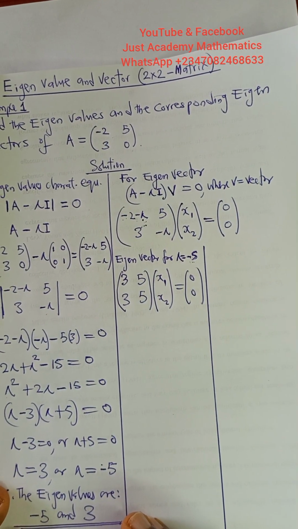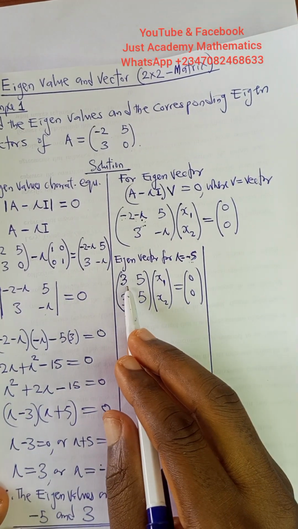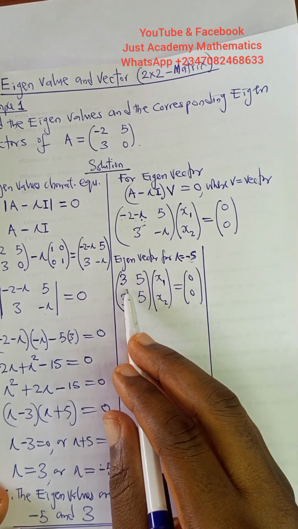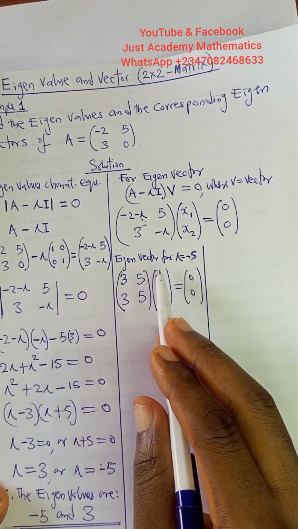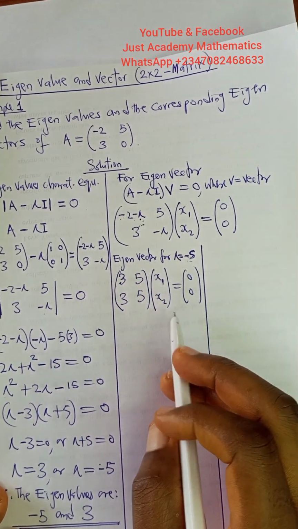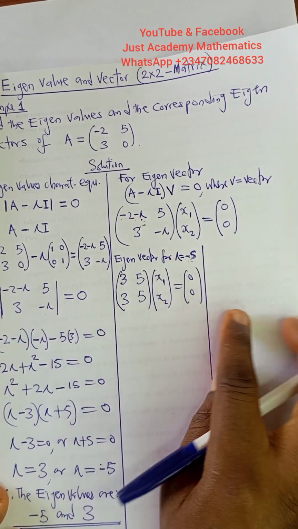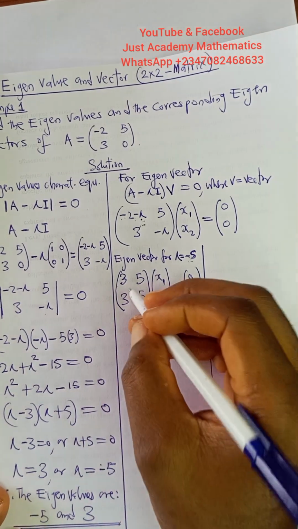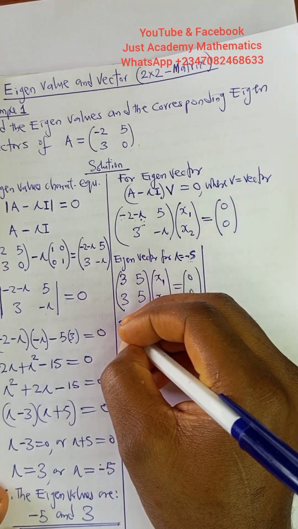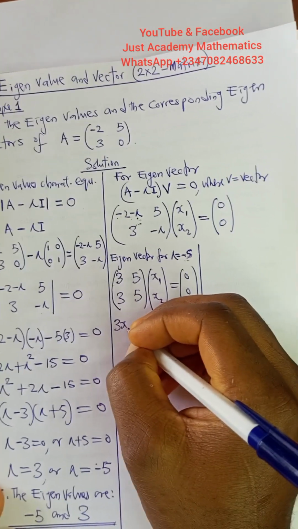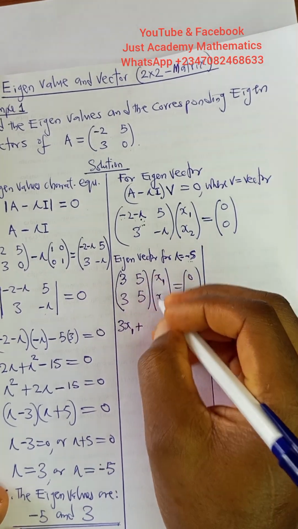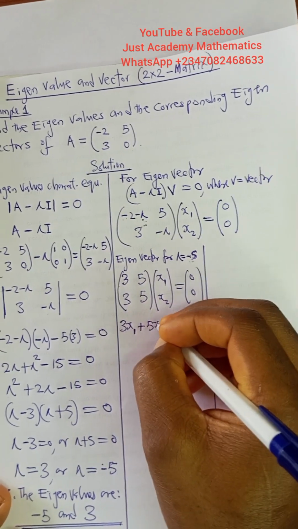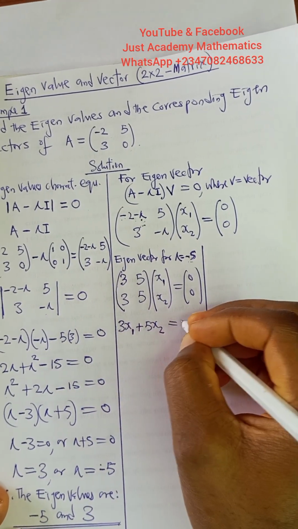So follow the procedure. What we'll do is derive 2 equations. You know how to multiply matrices now: row times column, row times column. If you split this into a system of linear equations, 3 times x1, we have 3x1, plus 5 times x2, we have 5x2, is equal to 0.